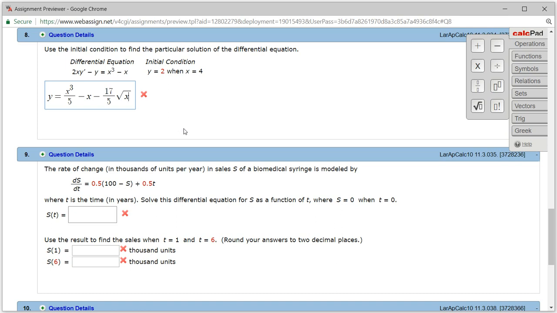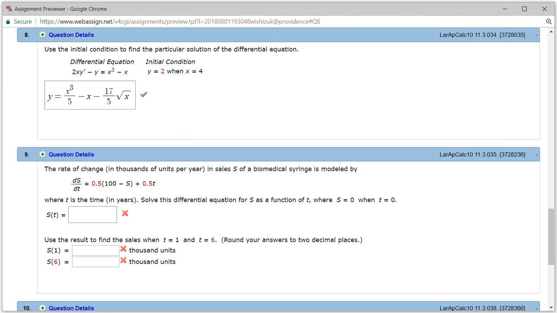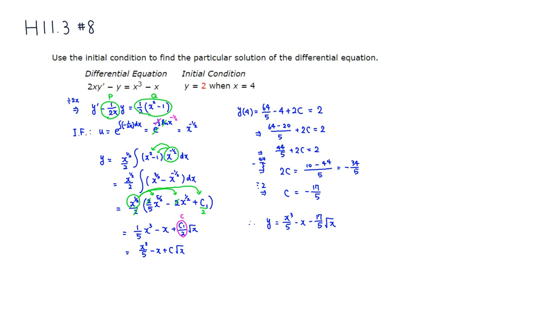Let's type it in. So we got y is equal to x cubed over 5 minus x minus 17 over 5 square root of x. Let's check the answer. I came back and it looks like we got this one correctly. That's it. I hope that this was clear.